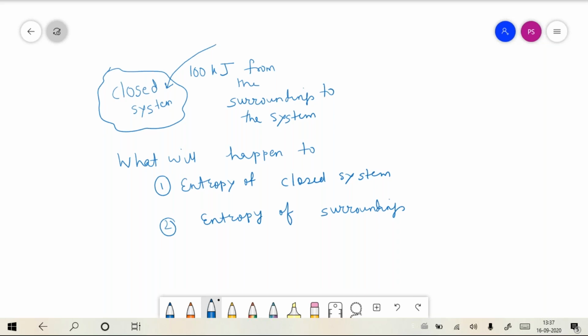So what will happen is when you are transferring heat from the surrounding to the system, along with the heat flows the entropy. So there would be an entropy transfer.